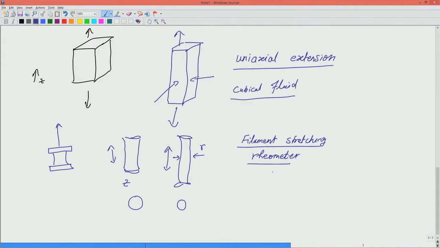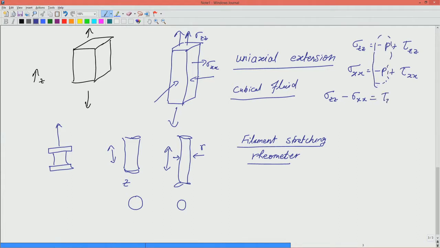So, what we are doing in this case is, there is sigma XX here and sigma ZZ here, and of course, sigma ZZ will be equal to minus P plus tau ZZ, and sigma XX will be equal to minus P plus tau XX, and what we are really interested in knowing is the stress difference between these two, because P is anyway an unknown quantity.